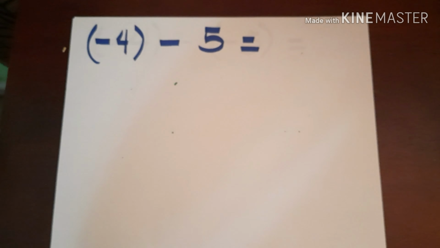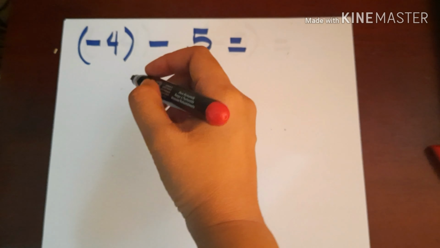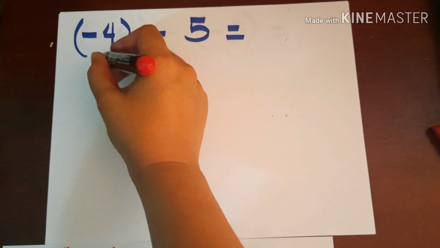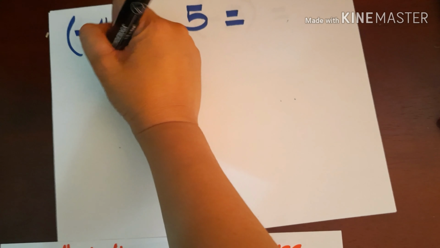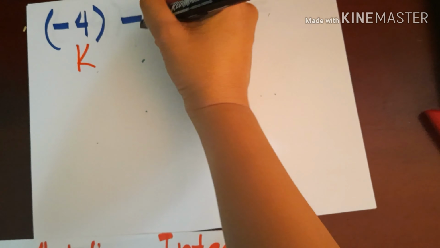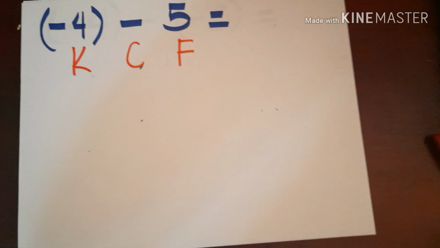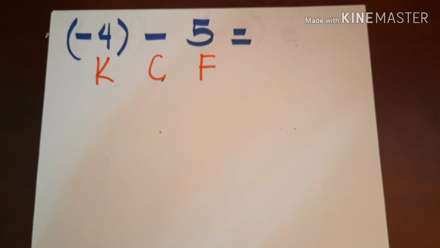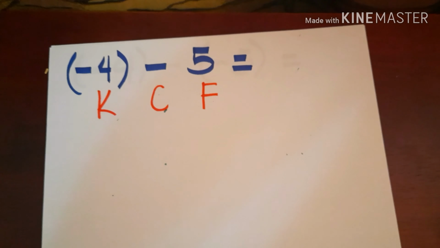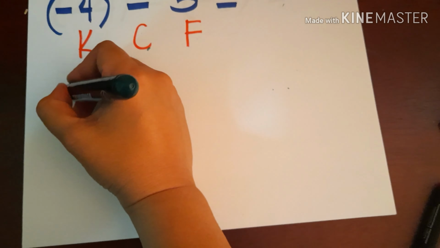Next. So again, apply the first step. What's my first step? That would be applying KCF. K, C, F. You keep, you change, you flip. So here, we keep negative 4.